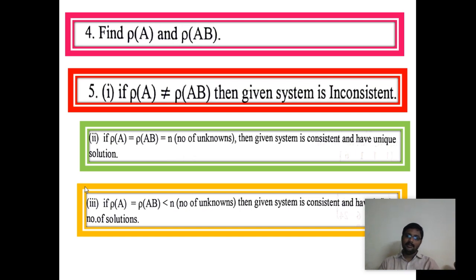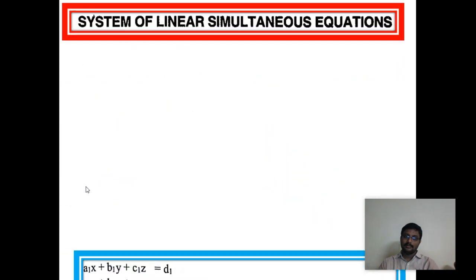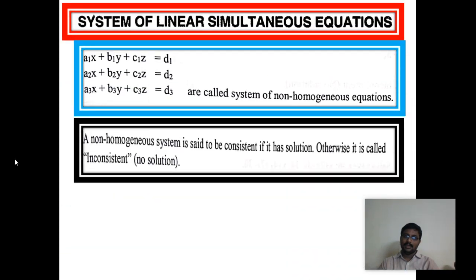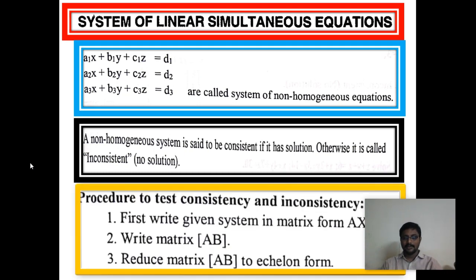Once again, it is a given system of simultaneous non-homogeneous equations. The system is consistent if it has a solution, otherwise it is called inconsistent. To decide consistency or inconsistency, we have to follow these steps.